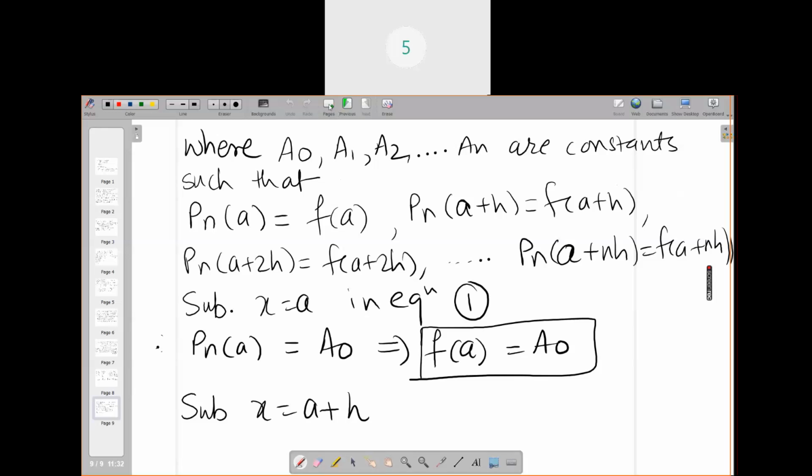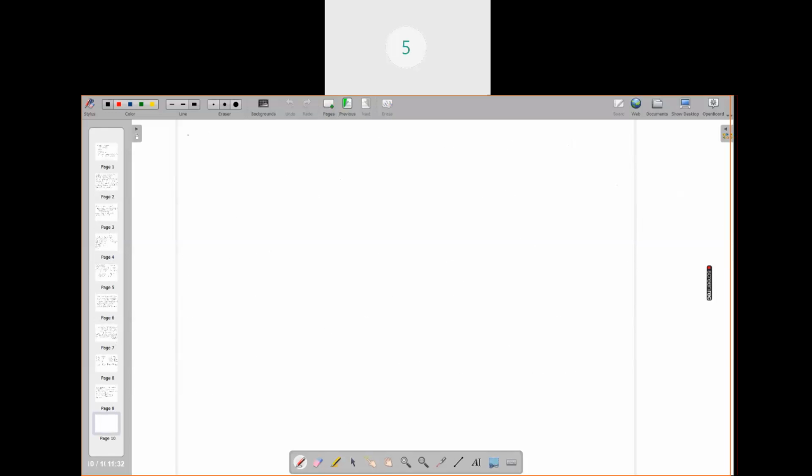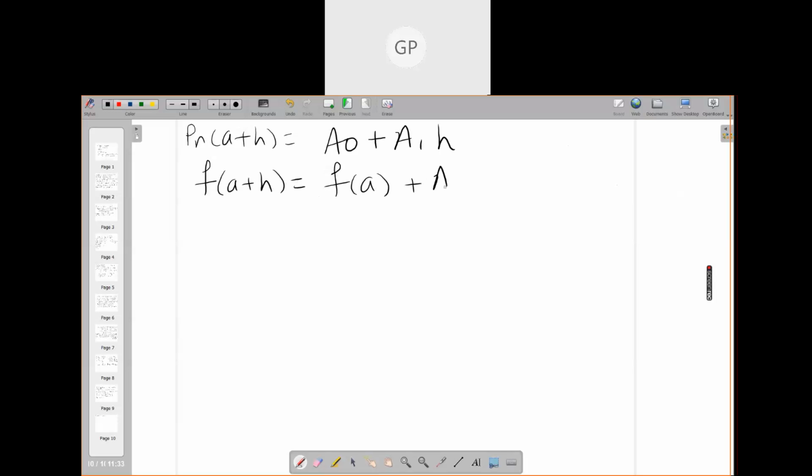So now Pn(a plus h), what will it be? It will become a naught plus a1h, right? But what is Pn(a plus h)? It is f of a plus h. What is a naught? A naught is f of a. So f(a plus h) equals f(a) plus a1h.